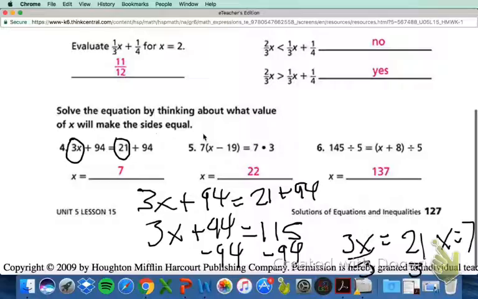Similar process, they use the distributive property. You get 7x minus 19 is equal to 7 times 3.